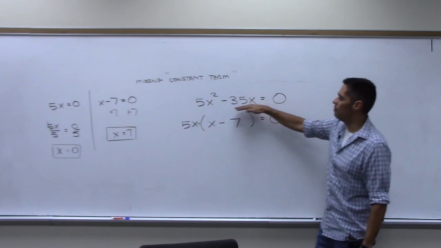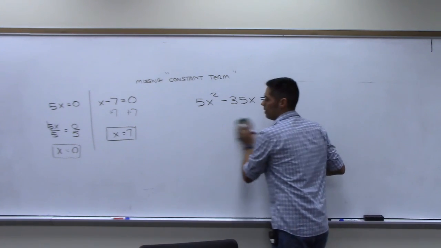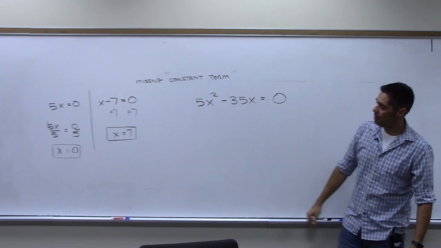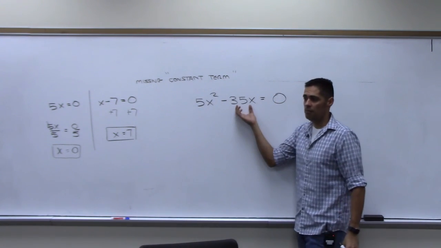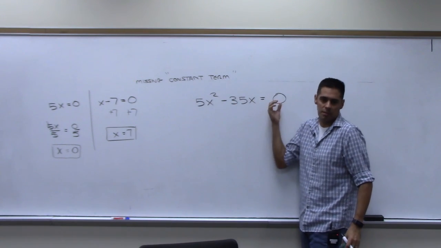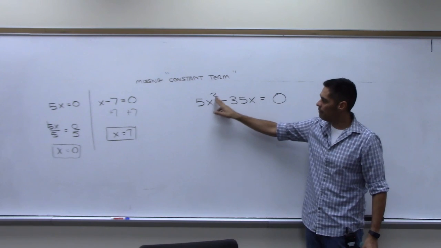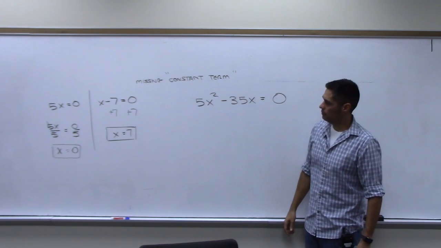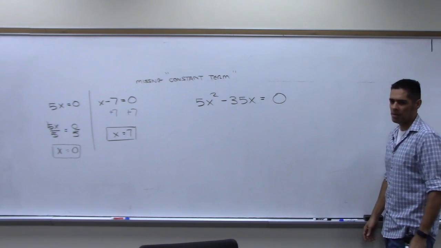Here's the original problem. If I take either one of those answers and plug it in, it should be 0. So let's try. If I replace x with 0, that's gone and that's gone, so this whole side is 0, and that's equal to 0, and that checks. Now what about 7? What's 7 squared? 49. 49 times 5 is 245.